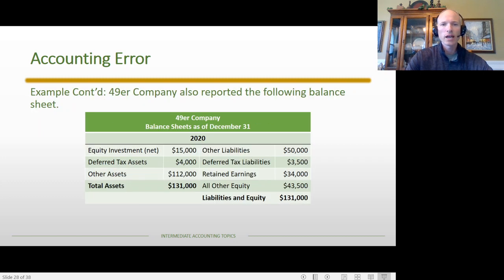Here's the balance sheet as it was originally reported. The net equity investment was reported at $15,000. There were deferred tax assets and deferred tax liabilities. We're going to talk about which one this is going to affect. Maybe in the back of your mind right now. So if we have, let's just kind of walk through that maybe real quick. If we have an unrealized holding gain, is that going to result in a deferred tax asset or a deferred tax liability?